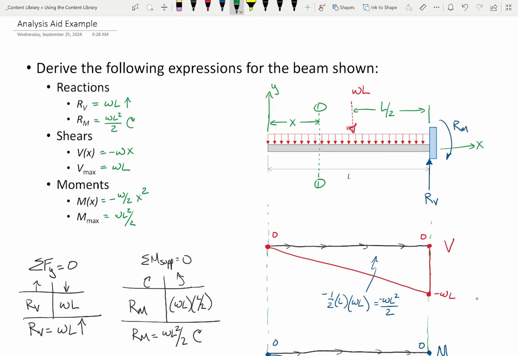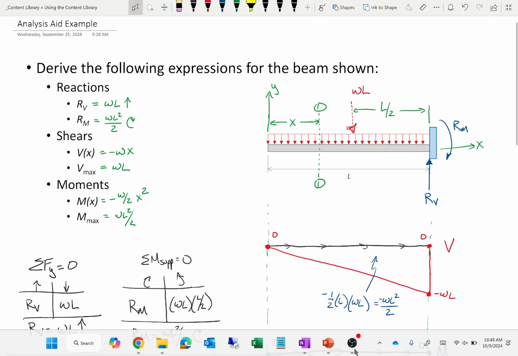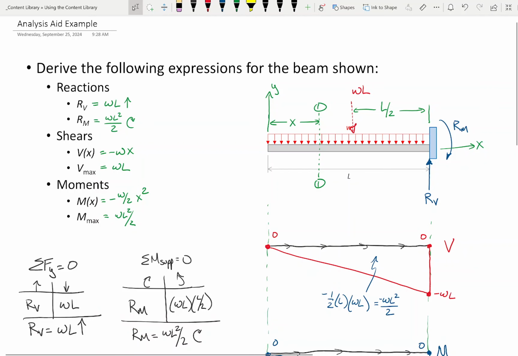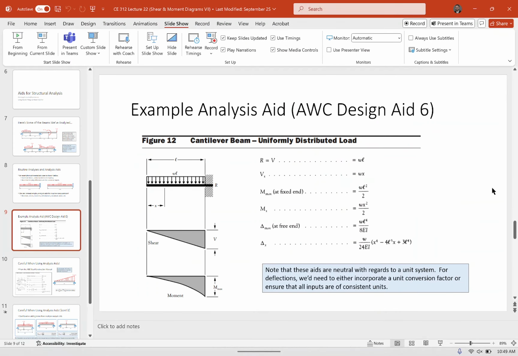And by the way, look at what we've got here. The reaction, which is the maximum shear wL, wx. It doesn't put the negative because the picture shows it's going down. wL squared over 2, wx squared over 2.